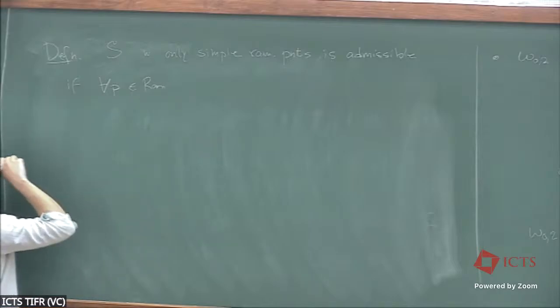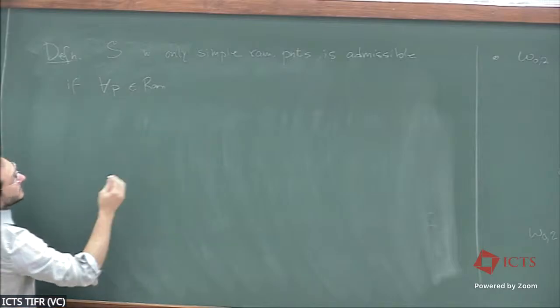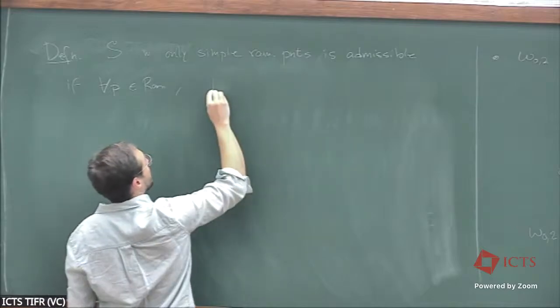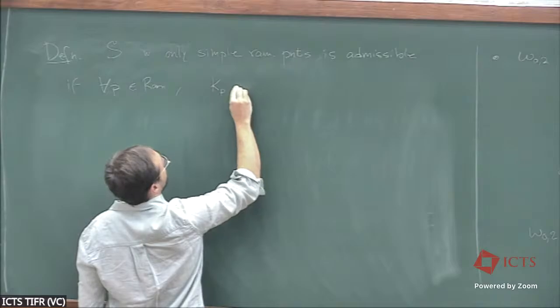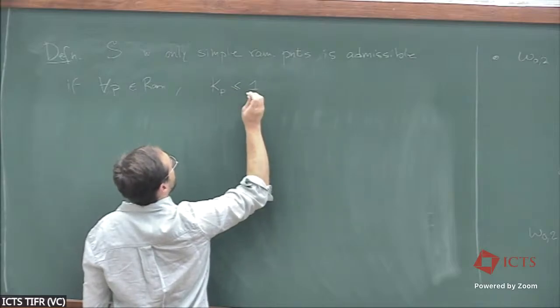So this is called admissible if for every ramification point, this integer Kp is less or equal to 1.